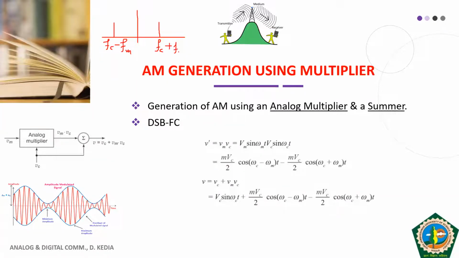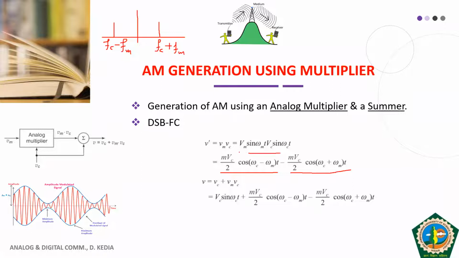If you express these two sidebands in the form of a sinusoidal expression, what kind of expression do we come across? Try to recall the expression of the AM signal. We had mVc/2 cosine of (omega C minus omega m), this is our lower sideband, and mVc/2 cosine of (omega C plus omega m), this is your upper sideband.